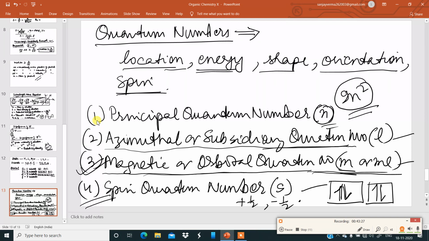Then I'll teach you about the shapes of orbitals: s orbital, p orbital, d orbital. I'll teach you Pauli's exclusion principle in my next video lesson number 5. I'll teach you the Aufbau principle, how to write the electronic configuration in terms of s, p, d, and f orbitals, and then finally, to end the chapter, I'll do Hund's rule of maximum multiplicity in my next video.